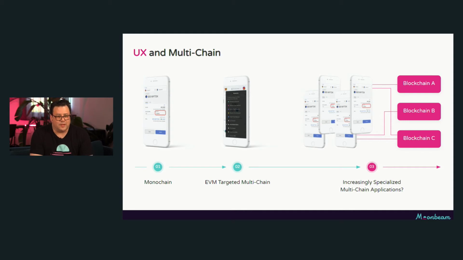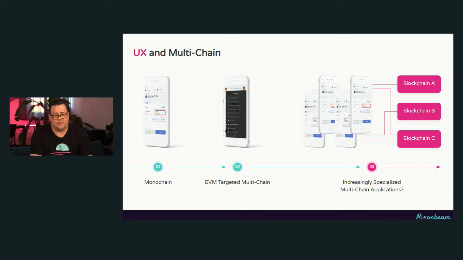As an example, if you have a wallet that expects to be connected to one chain, then in a multi-chain environment you're forcing the user to understand which chain they are connected to, and whether they need to switch from chain A to chain B. I see this problem only getting exacerbated over time as I expect more and more specialized chains to appear.